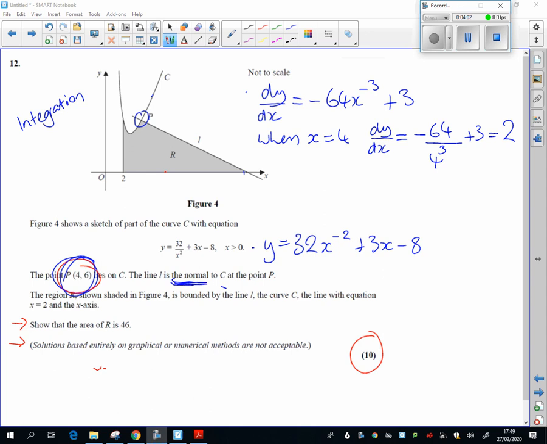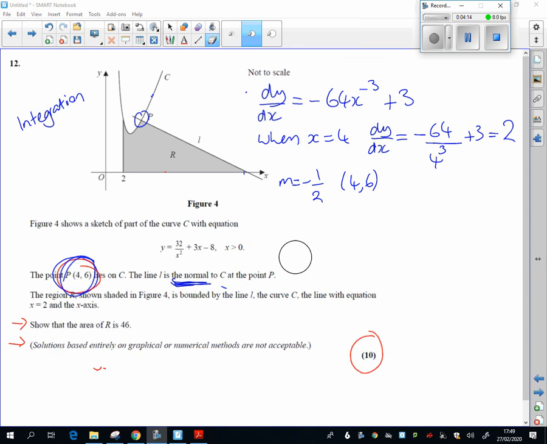I want the normal, so I want a line with a gradient of negative a half, the negative reciprocal, that goes through 4, 6. I don't actually need the full equation of this line. I think I'll get it just because that's what I think most people did for this question. So y minus my y coordinate is my gradient times x minus my x coordinate.